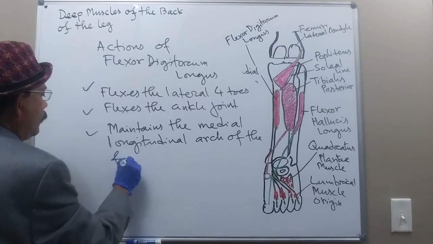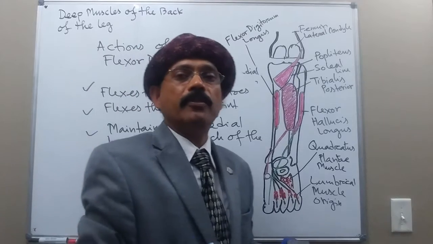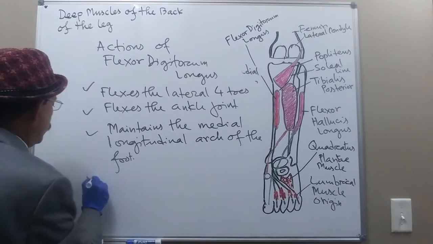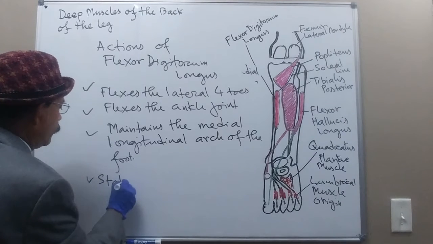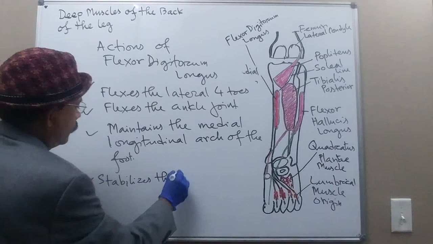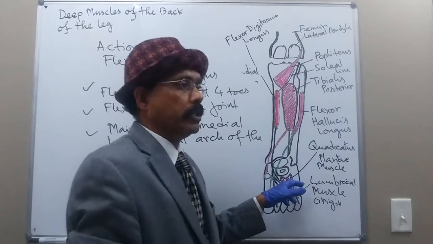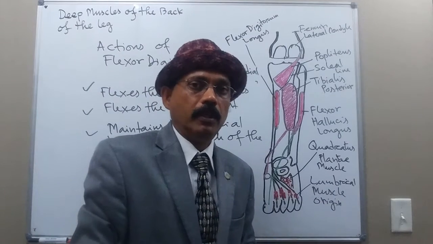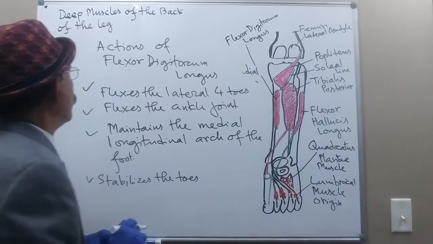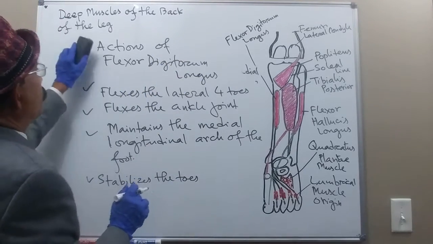Okay, we got that. Then it stabilizes the toes during movement, along with the action of the quadratus planti, also called Flexor Digitorum accessorius. We got the Flexor Digitorum longus muscle.